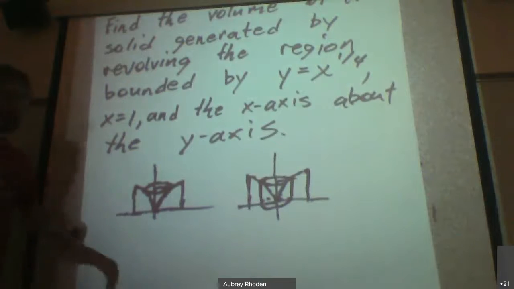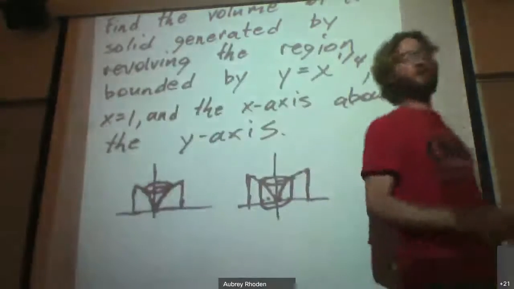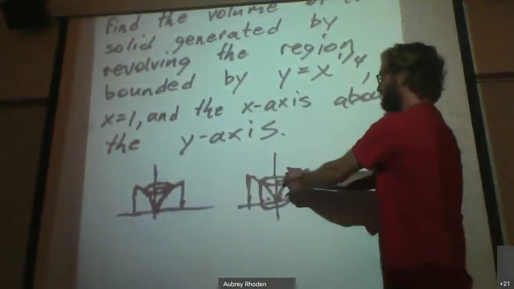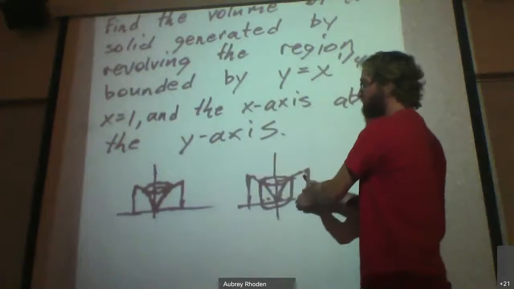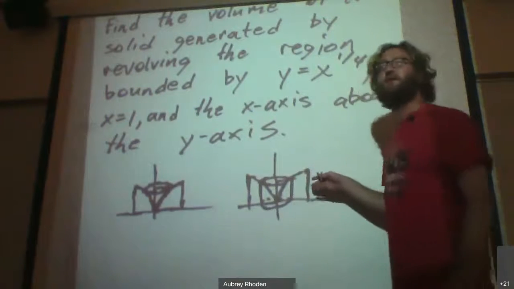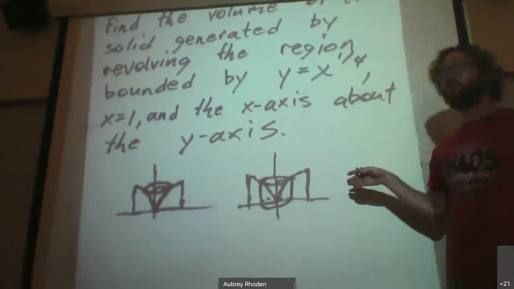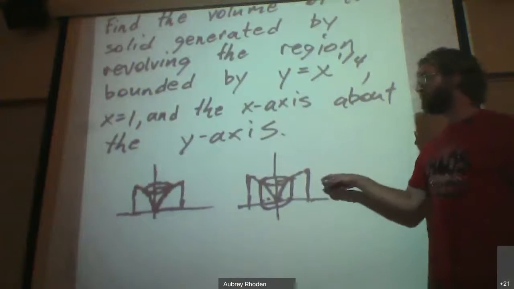So if we imagine the walls of these shells, we're going to be integrating in the x direction. And so as I integrate, my shells expand outwards, and the walls of my shell end up falling in the area of revolution, okay? So this is a shell method problem.